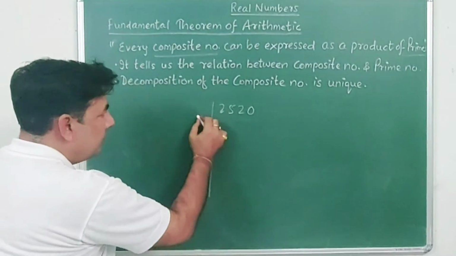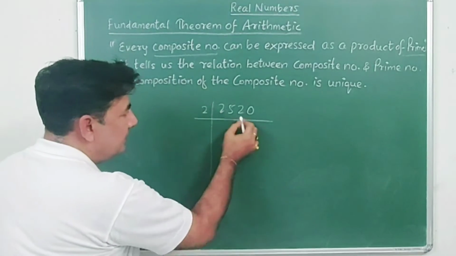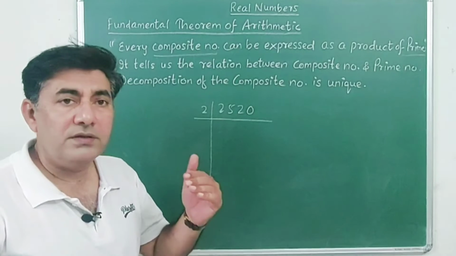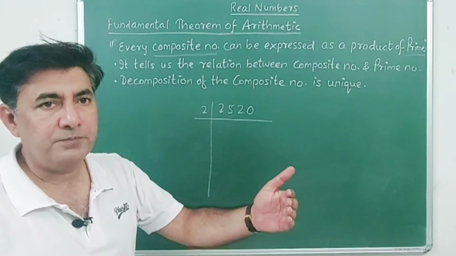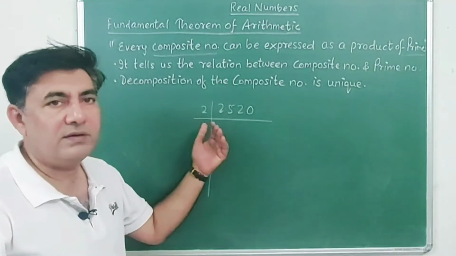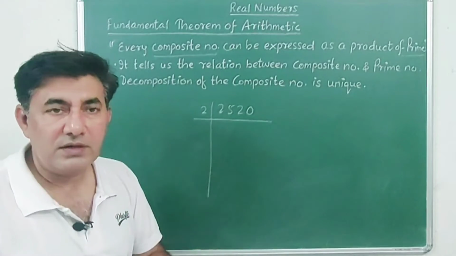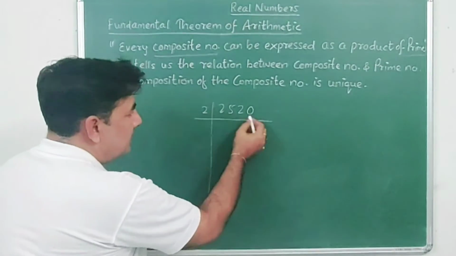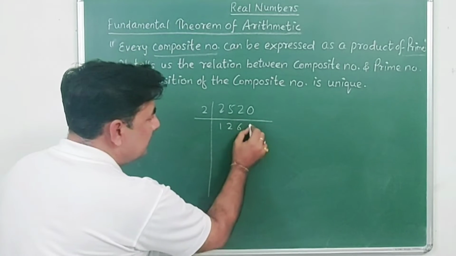Find all the factors of this number, starting with division by 2. Always start from the smallest number: 2, 3, 5, 7, like that. Don't try to divide with a larger number like 5 and then come down to 3 or 2. So when you divide this by 2, you get 1260, then 630.